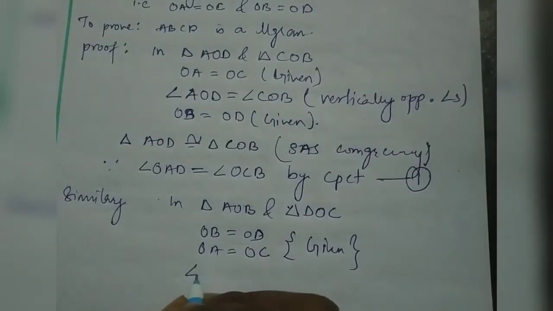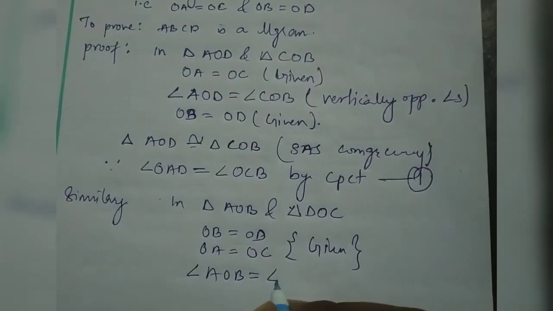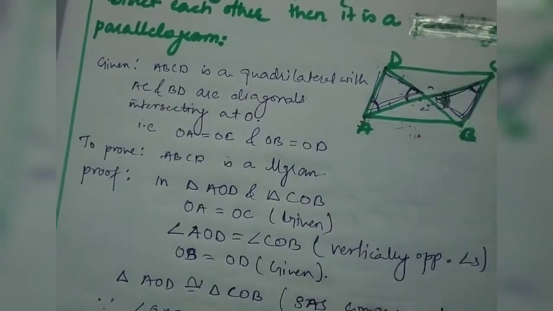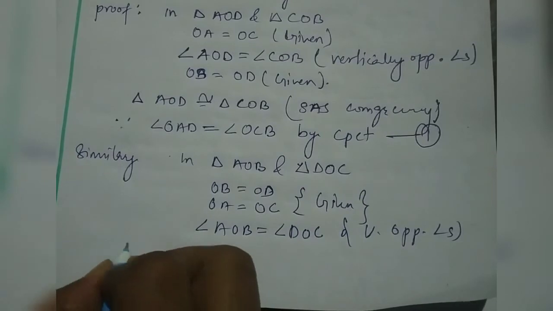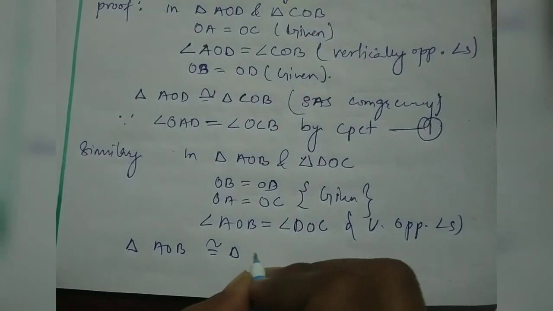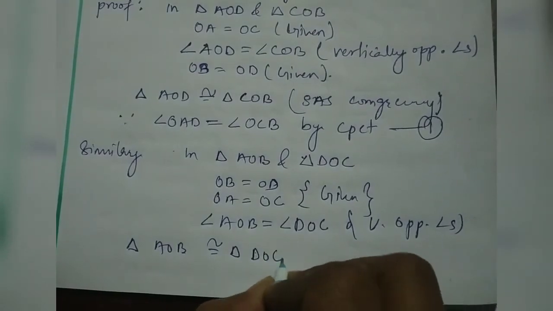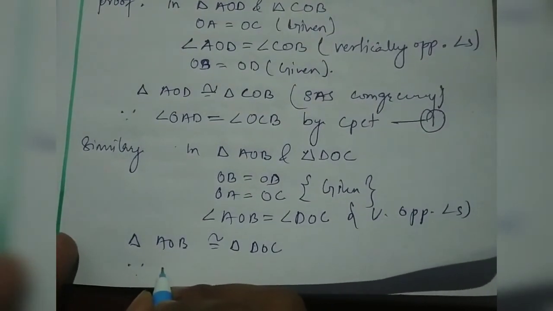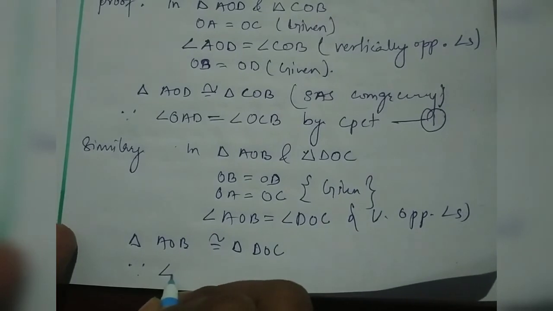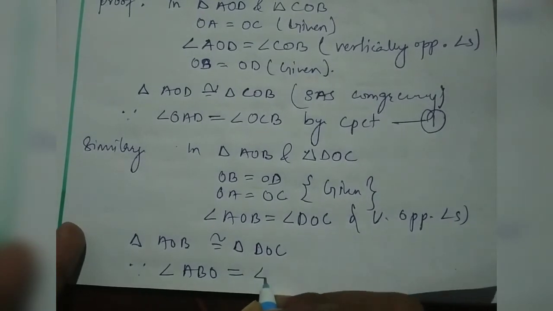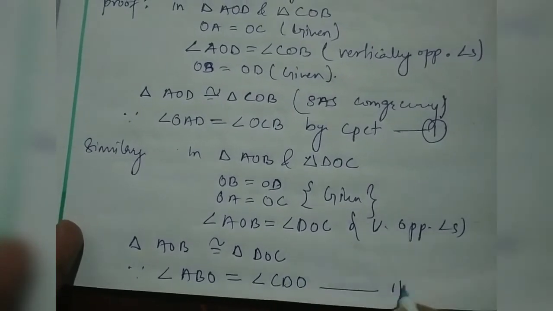So angle AOB equals angle DOC, vertically opposite angles. So triangle AOB is congruent to triangle DOC, and with the help of CPCT we can prove that angle ABO equals angle CDO. This is equation 2.